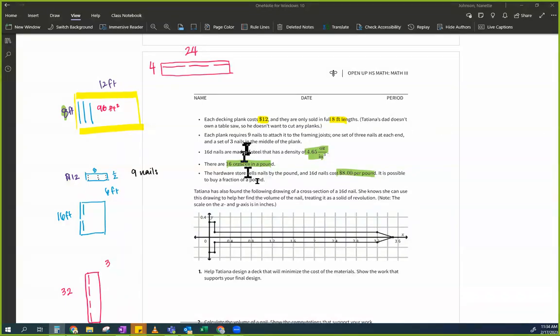Okay. So we've got to figure out how much each of these nails weighs. So that's going to have to do with the volume of this. So your task right now is to figure out what's the volume of this. And you want a pretty accurate volume. Remember how I did this earlier?